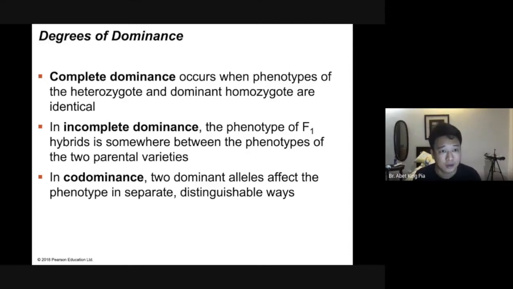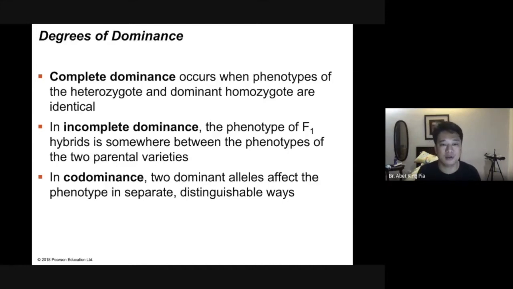Siguro from the terminologies, pag sinabing co-dominance, kasi nga pareho, both would be present. So they are distinguishable. Both of the phenotypes are distinguishable. Nag-a-appear siya pareho. Hindi siya nagmi-mix, but they are both present. So kung halimbawa sa kulay, red and white, both of them will appear.